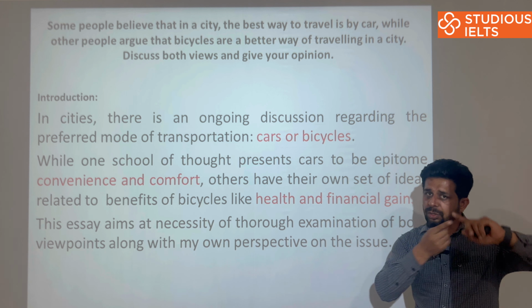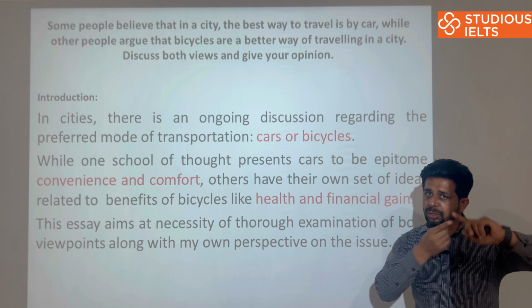What I prefer to do in my essays, or what I recommend to my students, is that when you are presenting the points of view, please give a passing reference to those reasons which support these points of view. For example, if one school of thought is going for the preference of cars, why do they say that? Because they have two major reasons for it: convenience and comfort.